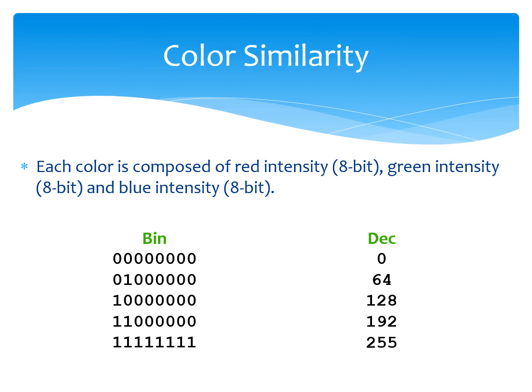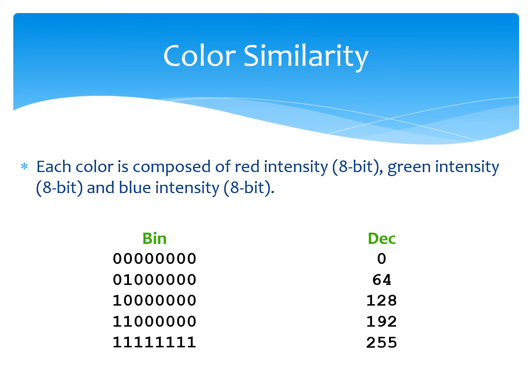For example, decimal number 0 can be represented as the binary number 00000000. If you change the most significant bit from 0 to 1, the number becomes 128. If you change the least significant bit from 0 to 1, the number becomes 1. We can utilize this property to group similar colors.